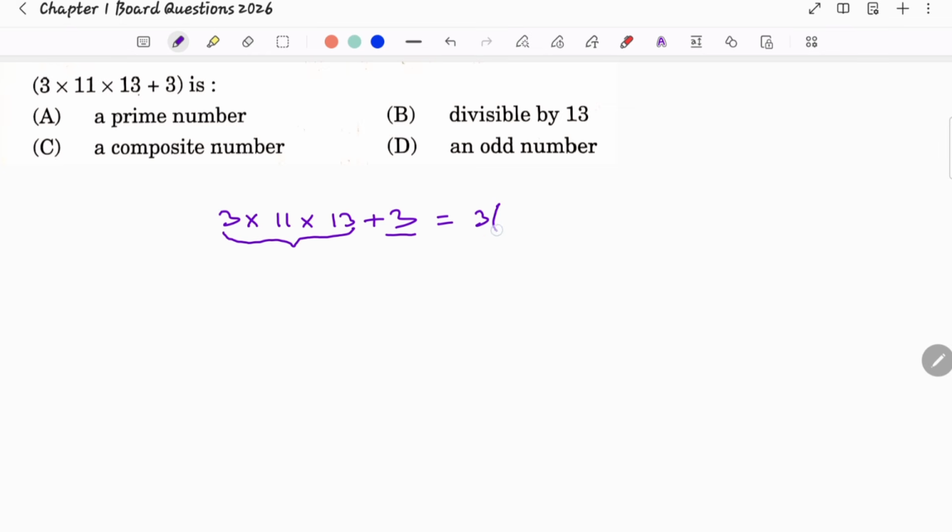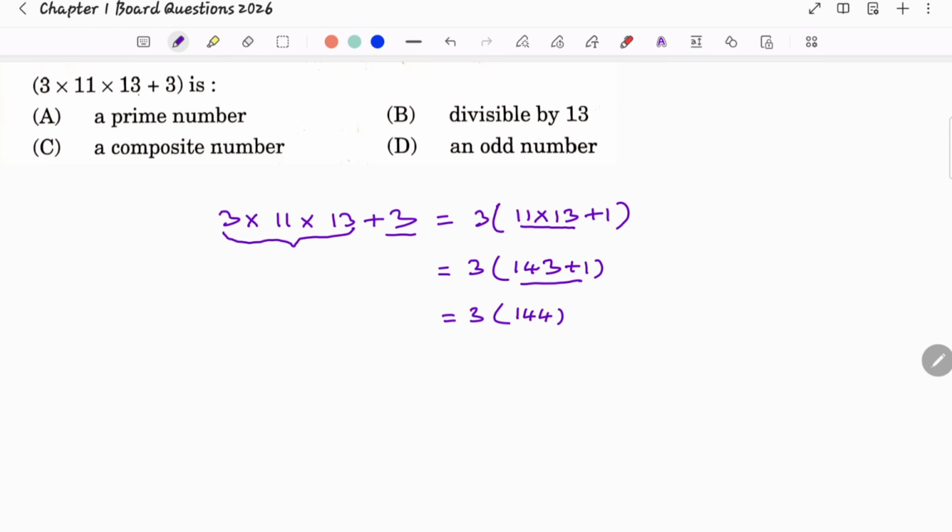Remaining we have 11 multiplied by 13 plus 1. 11 multiplied by 13 is 143, plus 1 is 144. So 3 multiplied by 144.